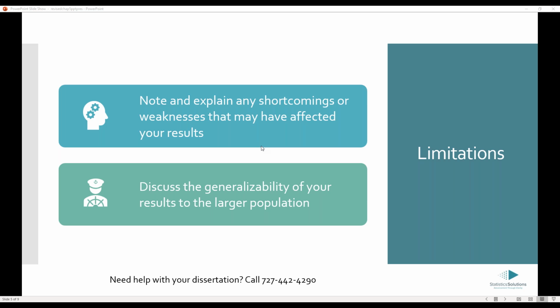It's a discussion of anything that may have posed serious shortcomings or weaknesses to your study that may have affected the results. And they want you to talk about the generalizability of your results also. I covered those things. If there's something more specific you want me to cover, let me know.